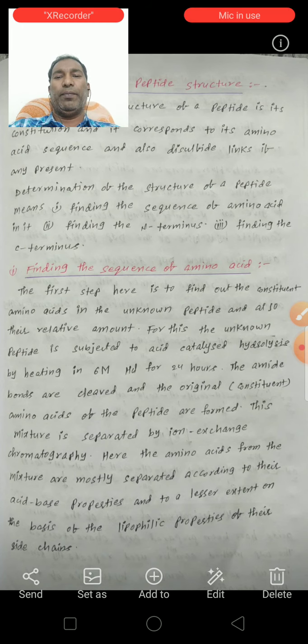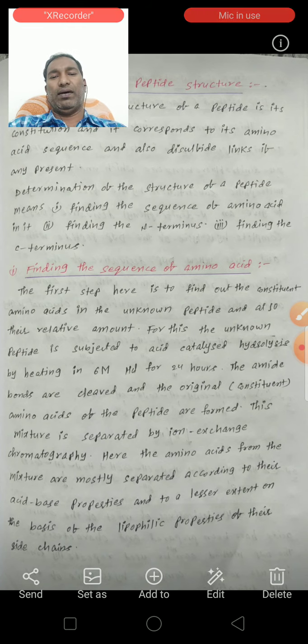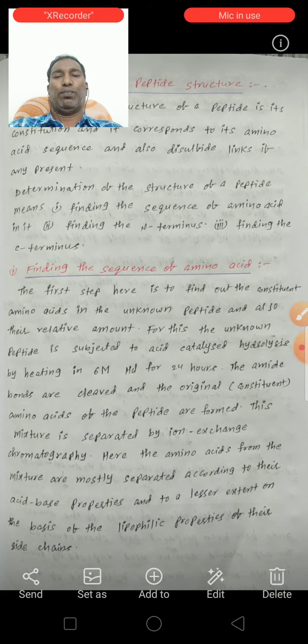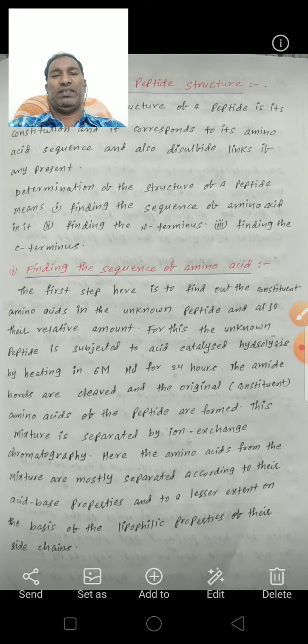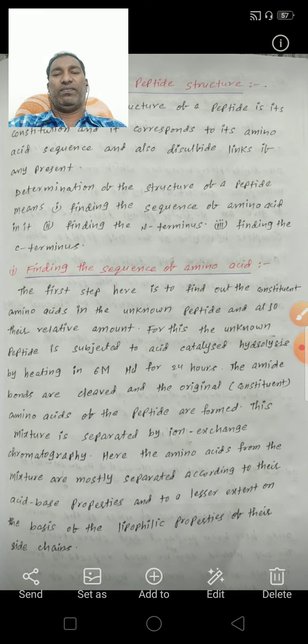The amide bonds are cleaved and the original amino acids of the peptide are formed. This mixture is separated by ion exchange chromatography. Here the amino acids from the mixture are mostly separated according to their acid base properties and, to a lesser extent, on the basis of the lyophilic properties of their side chains.